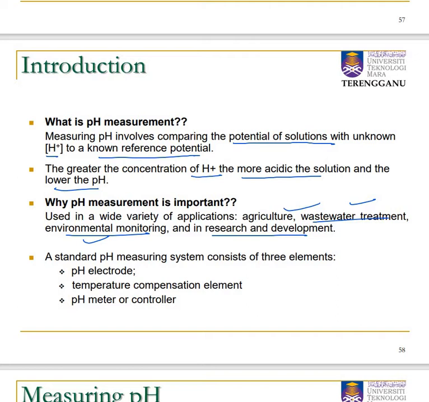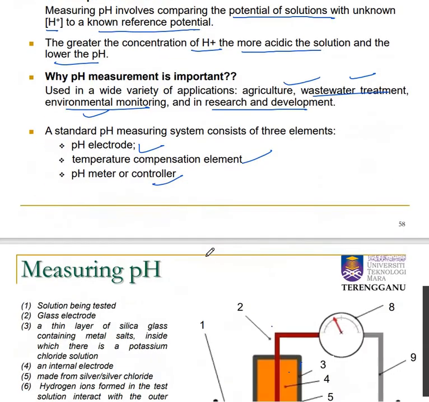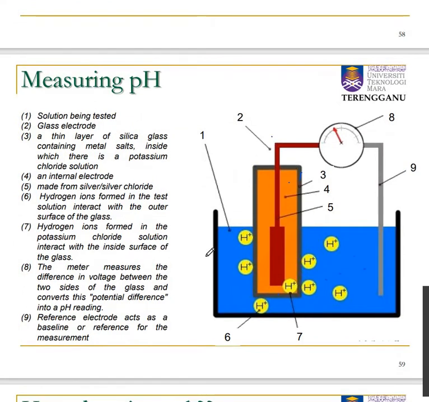Okay, so a standard pH measuring system consists of 3 elements, which are the pH electrode, the temperature compensation element, and the pH meter or controller. So now I will explain the pH measurement system. So basically this is the equipment for the pH measurement.